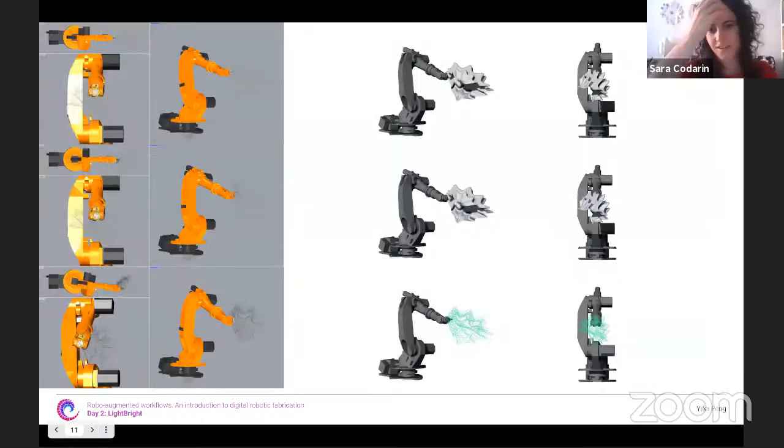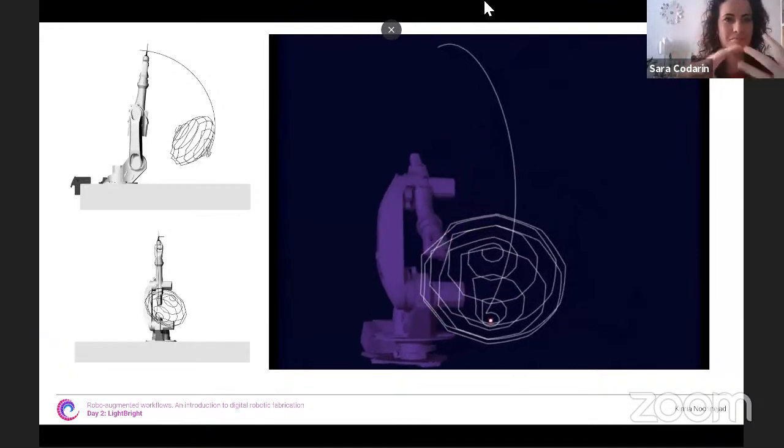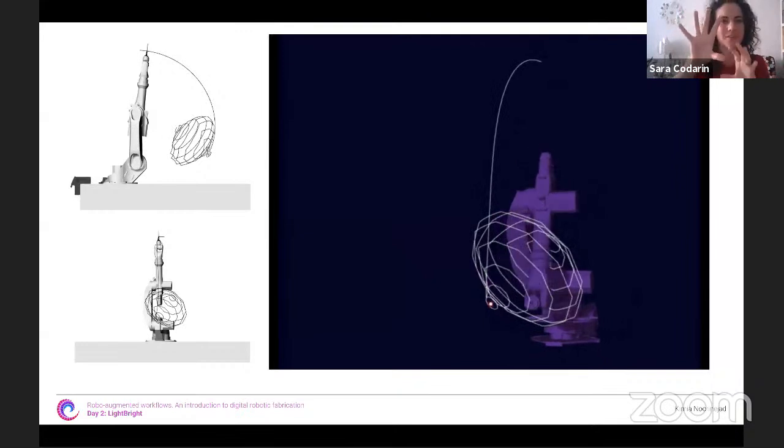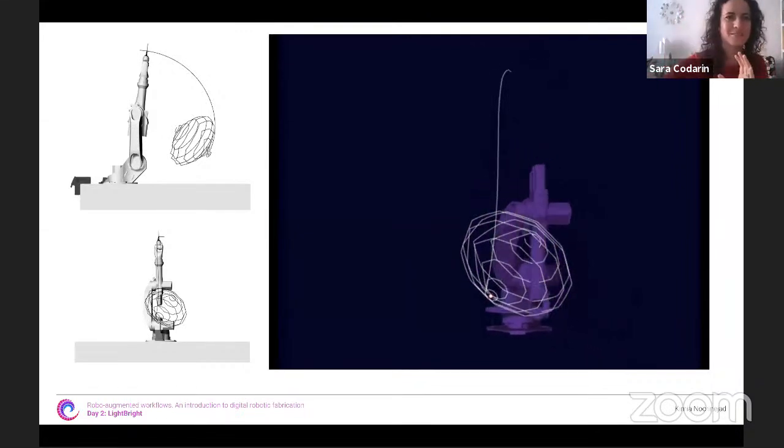Yeah, and you made me think of having this kind of visualization. It's kind of like a meta project in which I was imagining a robot with the camera revolving around our robot doing the toolpath.